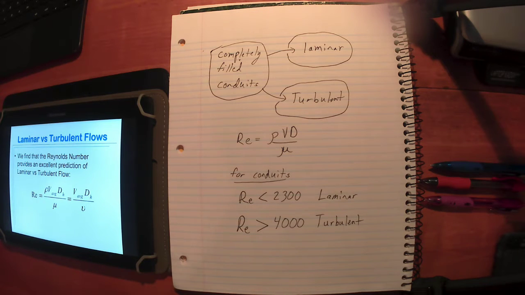If it's flow in a piping system, a completely filled conduit, you probably can't look at the flow and see. But the good news is, for our purposes, we're normally going to be dealing with situations where we're really trying to move the material very quickly, so the speed is very high, and therefore the Reynolds number ends up being very high, and so normally we're dealing with turbulent flow.